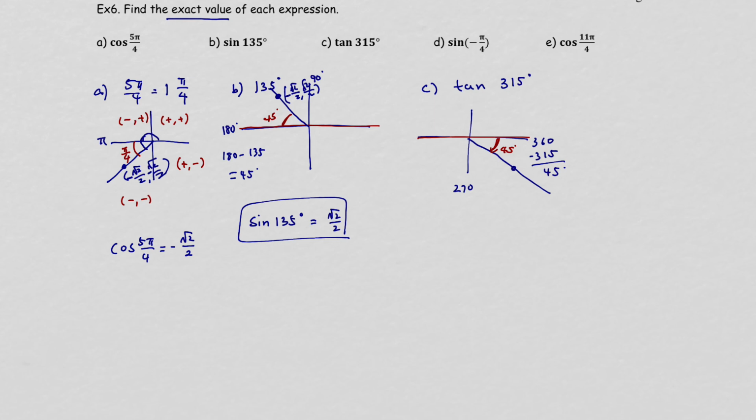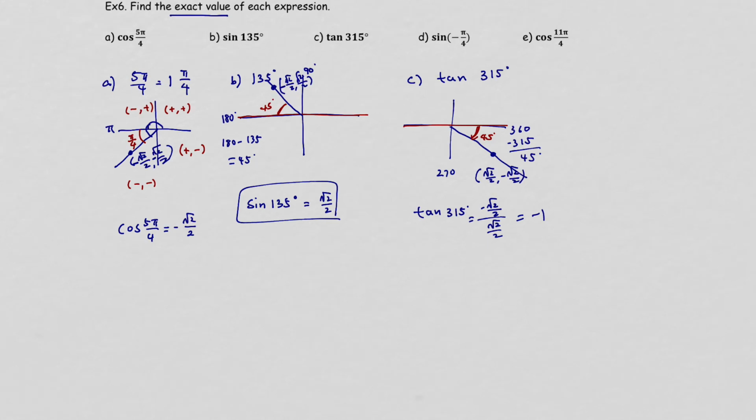And your point should be, remember x is positive, y is negative in the fourth quadrant. So your tangent of 315 is square root of 2 over 2 negative over square root of 2 over 2, which is going to be negative 1.